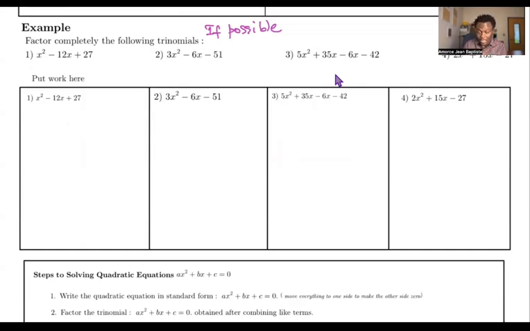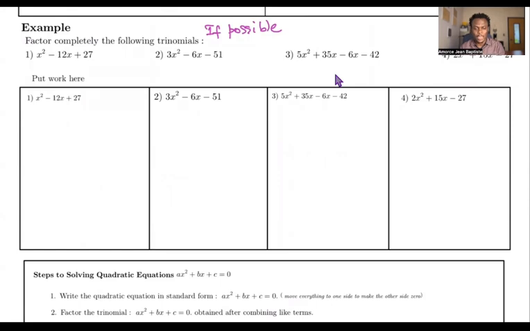I need to note this too, because if you cannot solve a quadratic equation by factoring, it doesn't mean that this equation is not solvable. It means that you can't solve it by factoring. Then there will be other methods later on that will be proposed for you to be able to solve this equation. Now, first, before we talk about solving quadratic equations, let's do some examples on how to factor a trinomial, a quadratic expression.